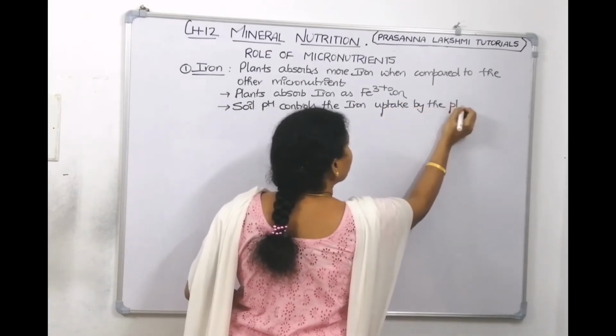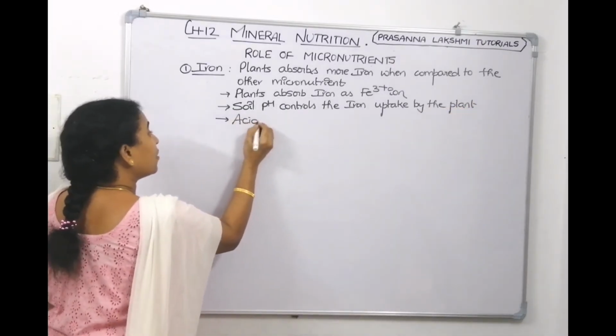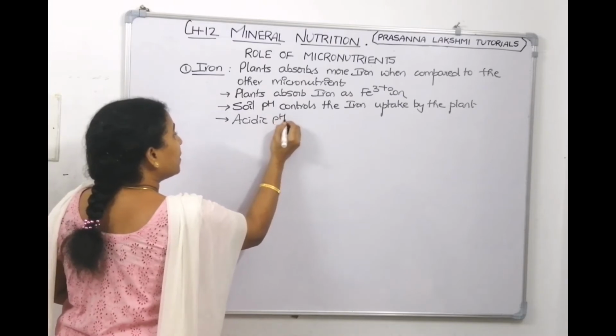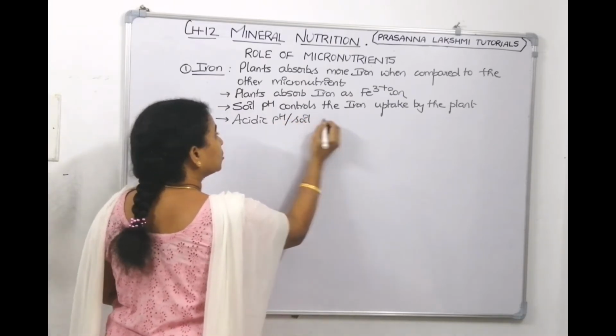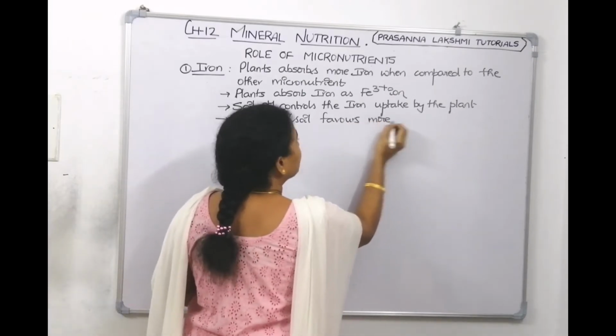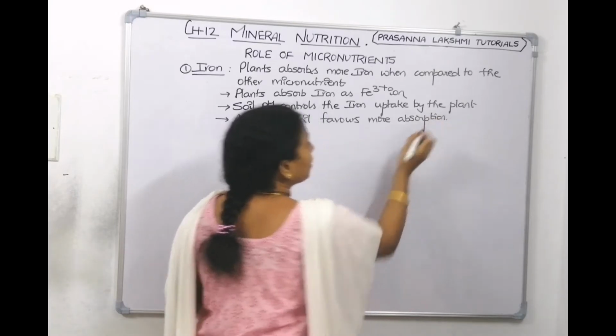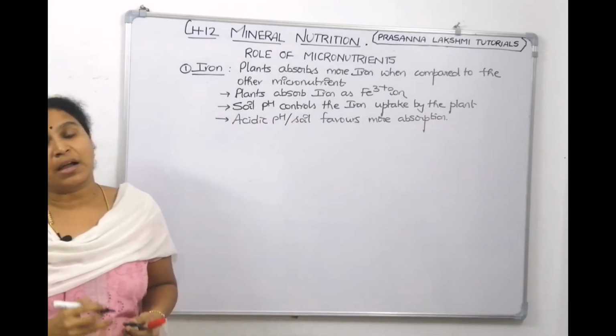So which type of soil is favorable for iron absorption? Acidic soil. Acidic pH or acidic soil favors more absorption. If the soil is acidic, then the plant can absorb more and more iron.